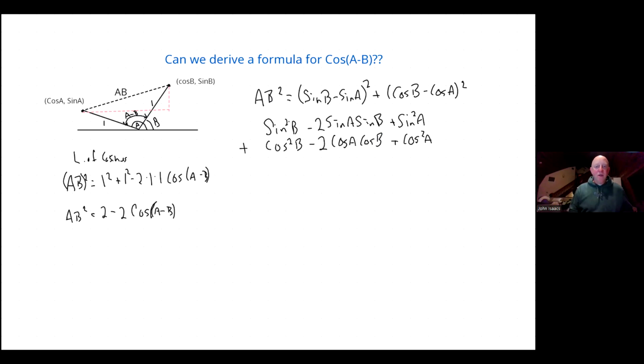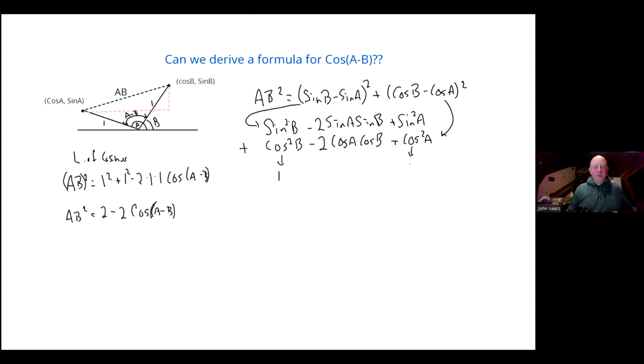This first row is the first one multiplied out. Now, if we add those together, cosine squared B and sine squared B equal 1. And cosine squared A and sine squared A also equal 1.